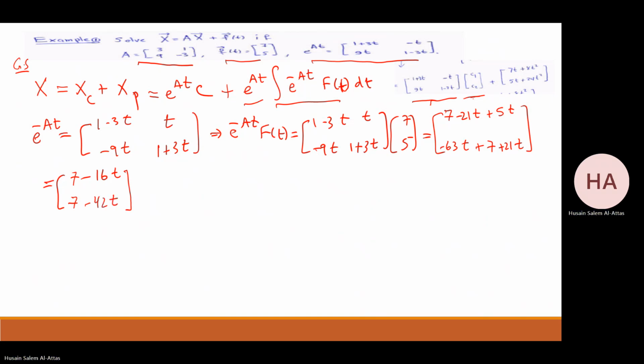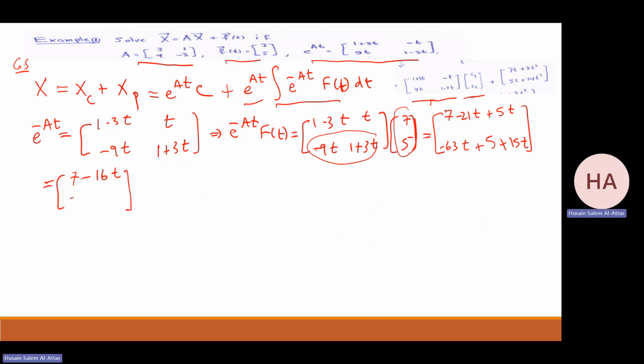Okay. That will be e to the power minus At times f of t. I just did the product. Nothing is there. Be careful. 7 minus 21 plus 5. And then 7 times minus 9 plus 5. No. Be careful here. This times this. So it's plus 5 plus 15t. Yeah.